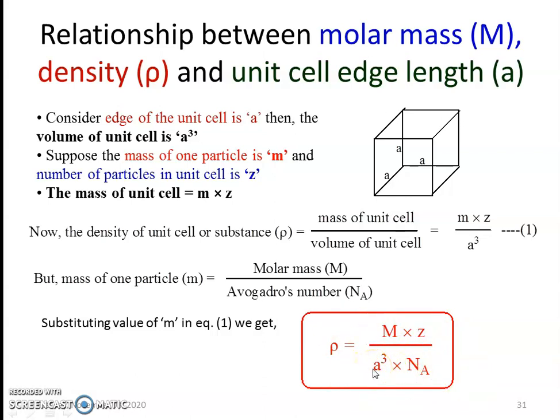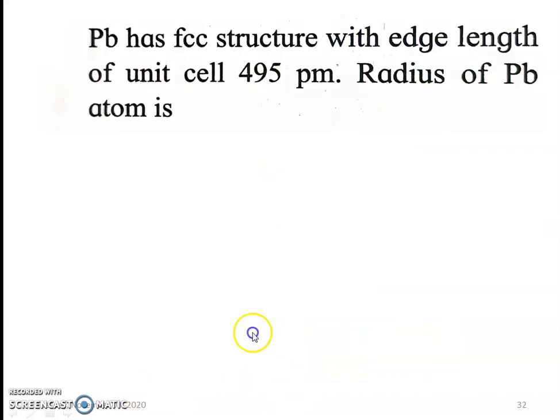Now we'll solve some examples on this relation, and as I already told you, Z for a simple cubic cell is 1, for a body centered cubic cell it is 2, and for a face centered cubic cell, Z is equal to 4.